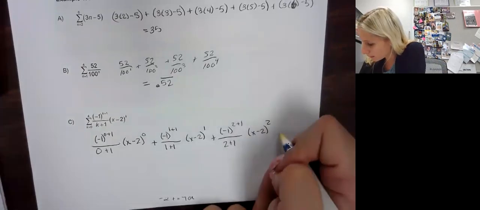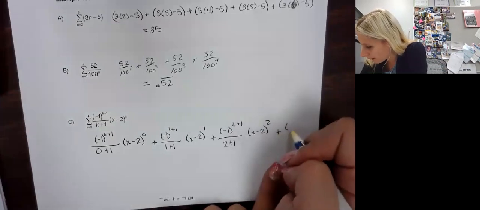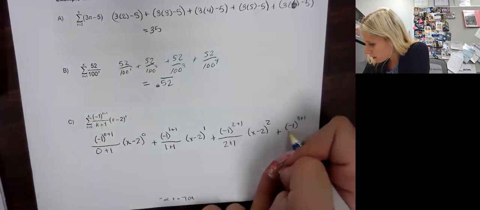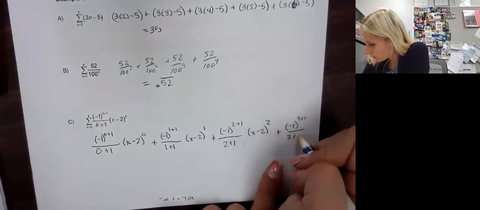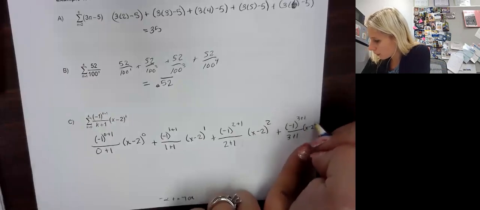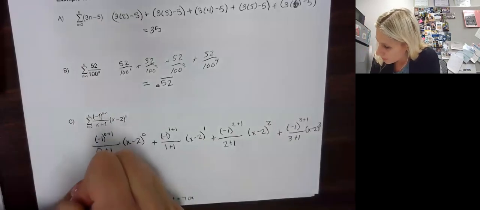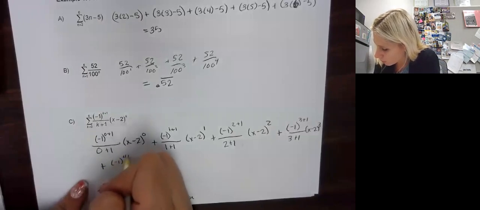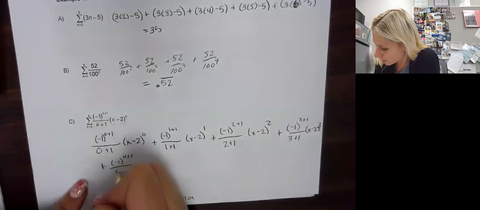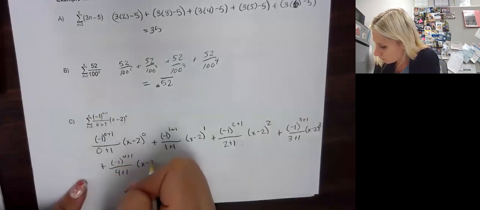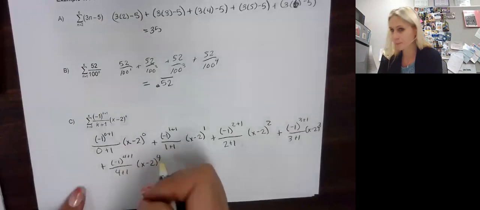Oh wow, I still have 3 and 4 to go in here, right? Negative 1 to the 3 plus 1, all over 3 plus 1, times X minus 2 to the third. One more, plus negative 1 to the 4 plus 1, all over 4 plus 1, times X minus 2 to the fourth.